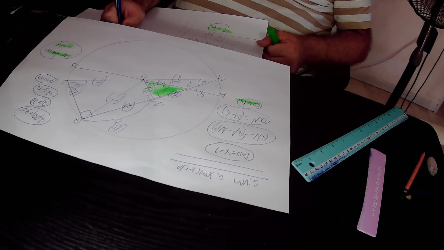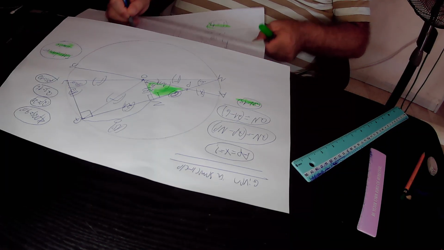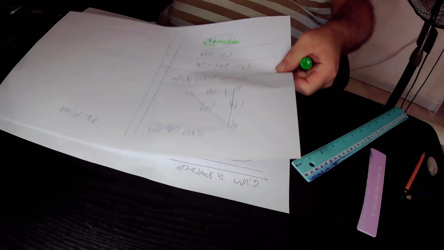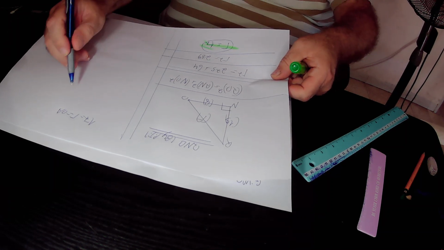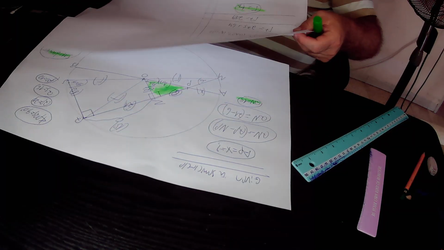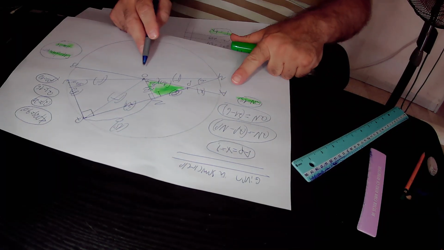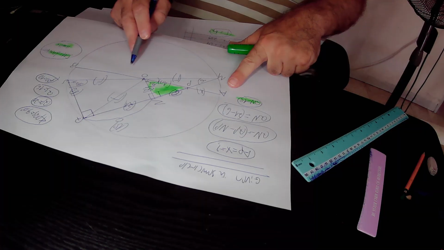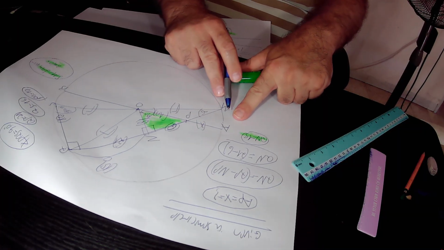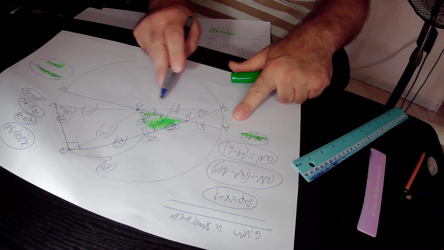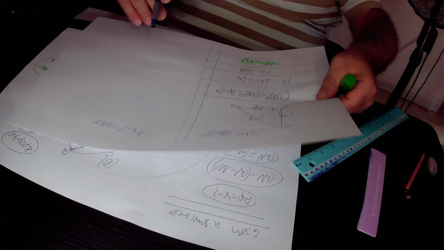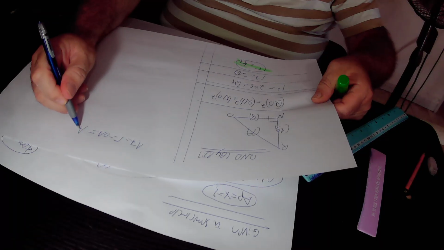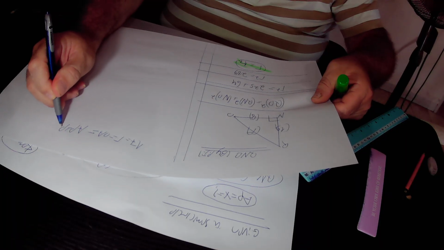And again, OA is also the radius of the circle, equal to 17 from one side, but from the other side, OA also equals AP plus PO. Again, AO equals AP plus PO.